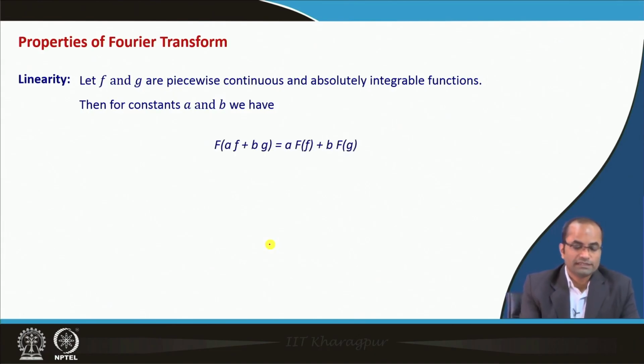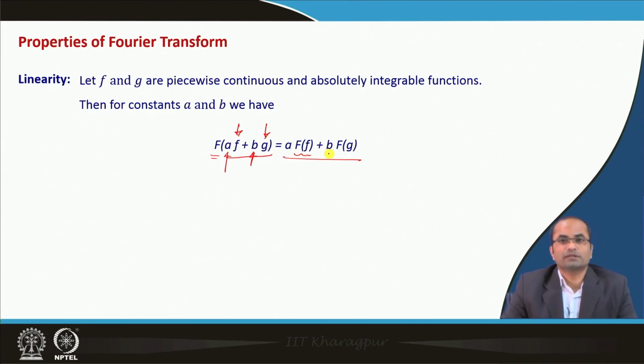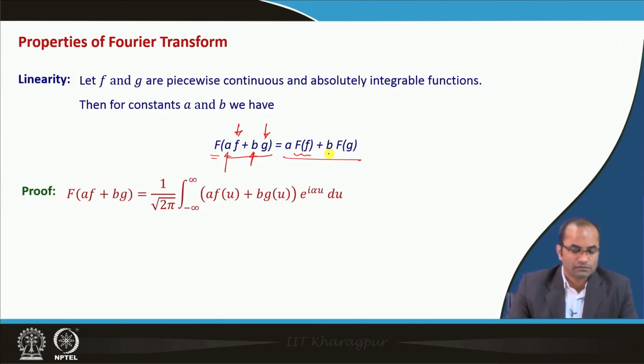The Fourier transform of a f plus b g, a linear combination of the two functions f and g, where a and b are constants, is given by a times the Fourier transform of f plus b times the Fourier transform of g, which is trivial because of the integral.